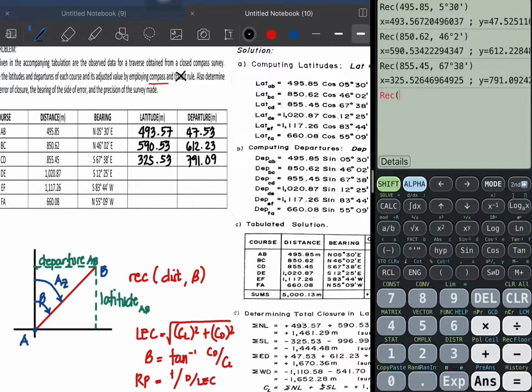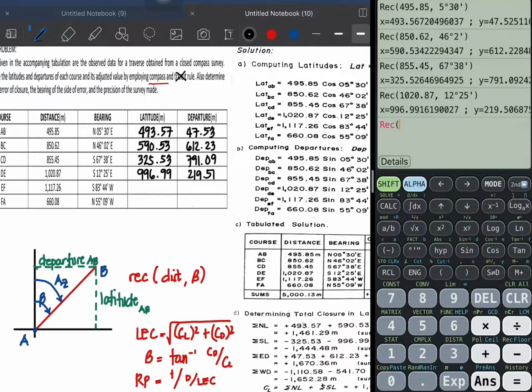The next is 1020.87, 12 degrees 25 minutes. 996.99 and then 219.51.